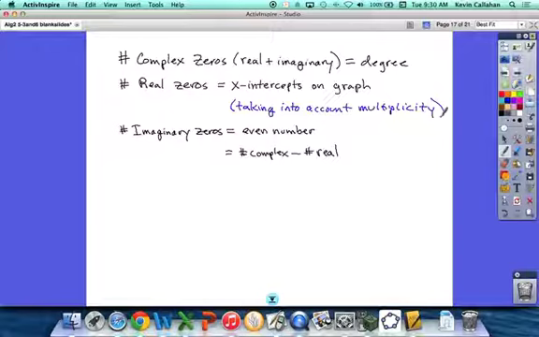If you see that it hits the axis and goes back on the same side, you know it's actually there twice. Then the imaginary zeros, we know, are always going to be an even number. And the number of complex zeros minus the number of real has got to be the imaginary zeros that are left.